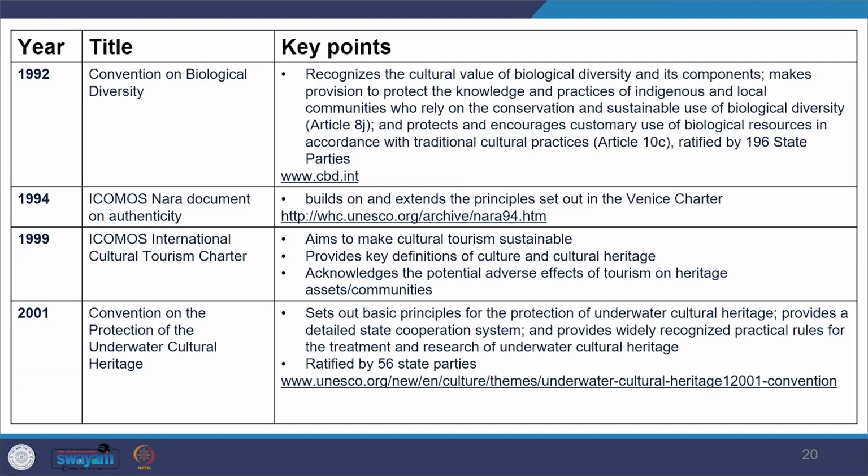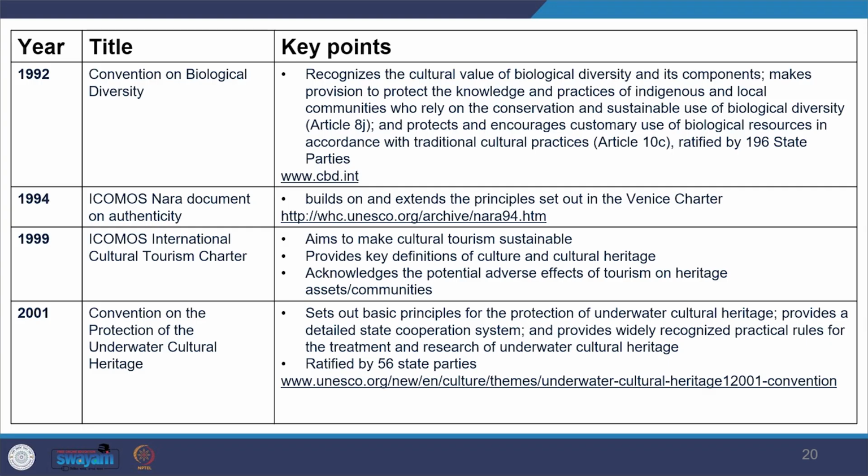Then in 1992 we see the Convention on Biological Diversity, CBD. You have already seen its purpose so many times. The convention recognizes the cultural value of biological diversity and its components, and it makes provision to protect the knowledge and practices of indigenous and local communities, especially those who rely on the conservation and sustainable use of biological diversity.